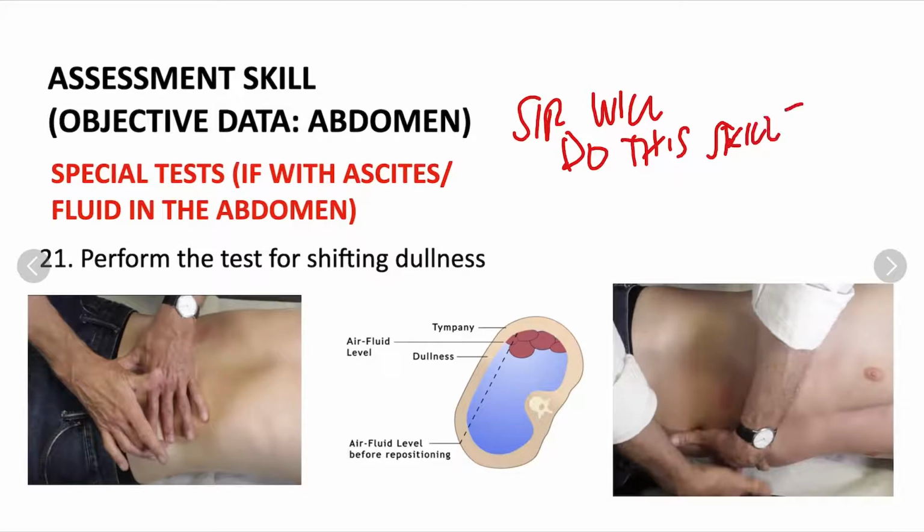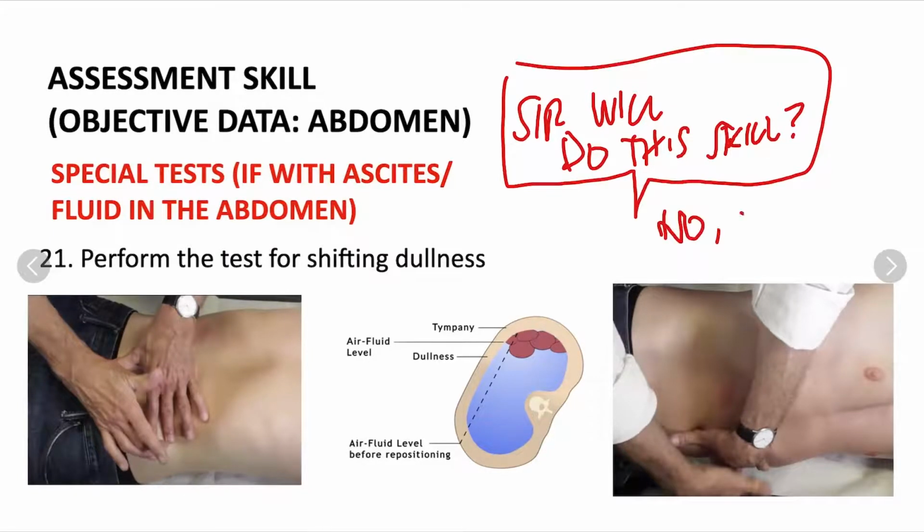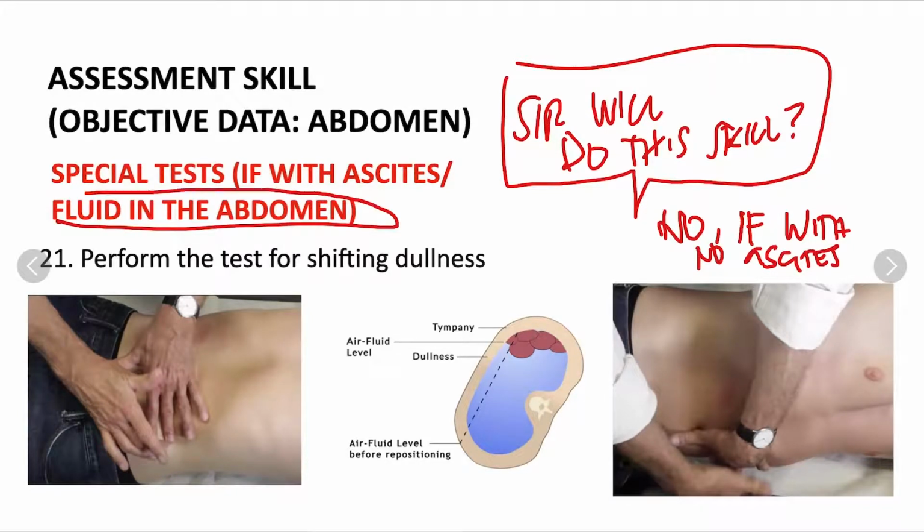Okay, so the answer is no, if your patient has no ascites. Okay, so what is ascites? Once again, it's just the accumulation of a large amount of fluid in your abdomen.